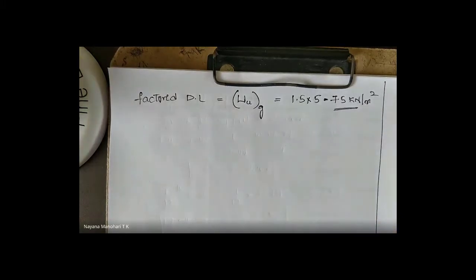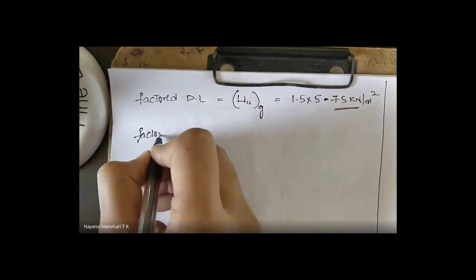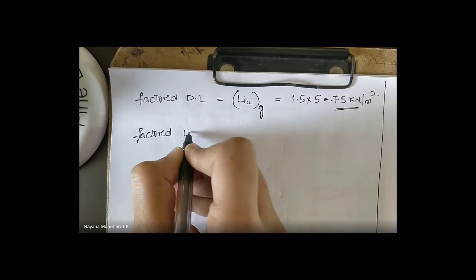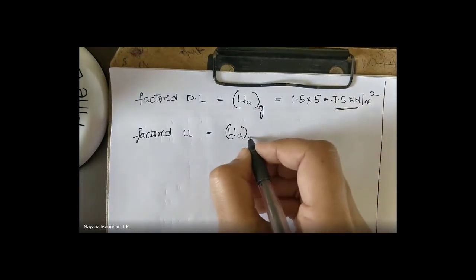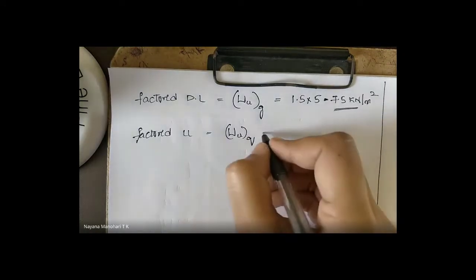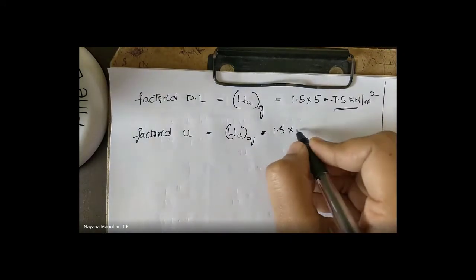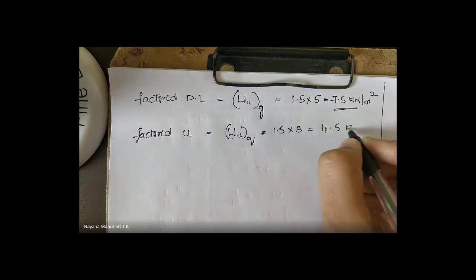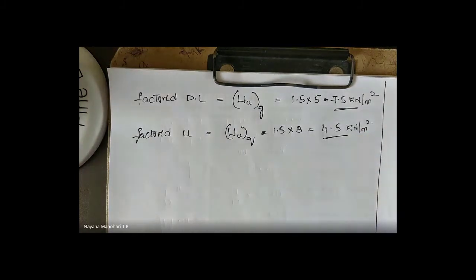This is your factored dead load. Similarly, factored live load, that is WU. Live load, I will denote it as WQ. That will be equal to 1.5 into 3. You will get it as 4.5 kilonewton per meter square. That is the factored dead load as well as the live load.